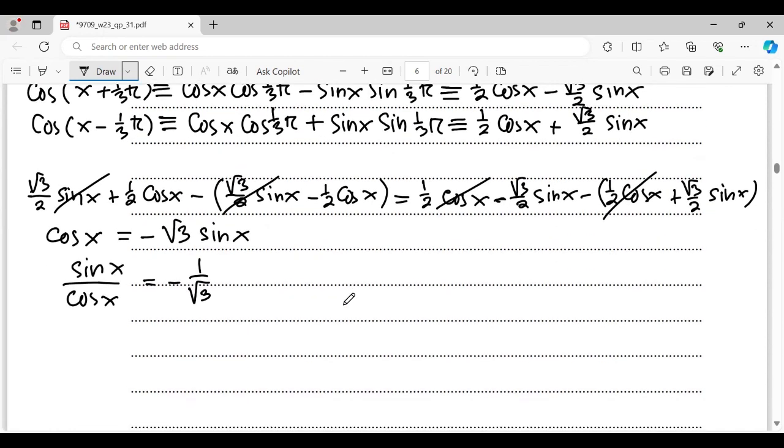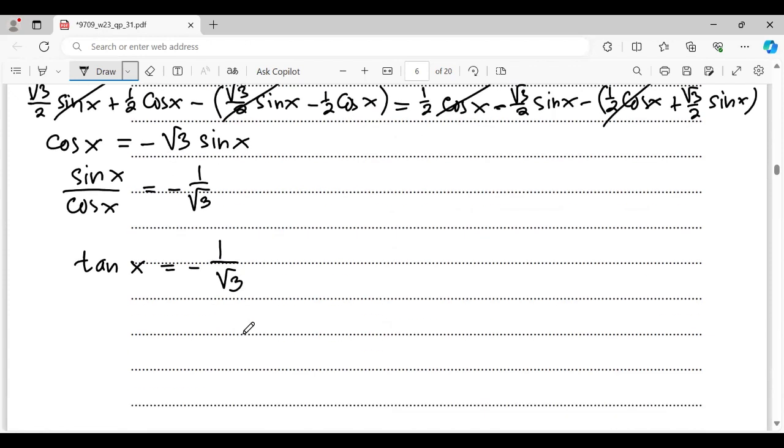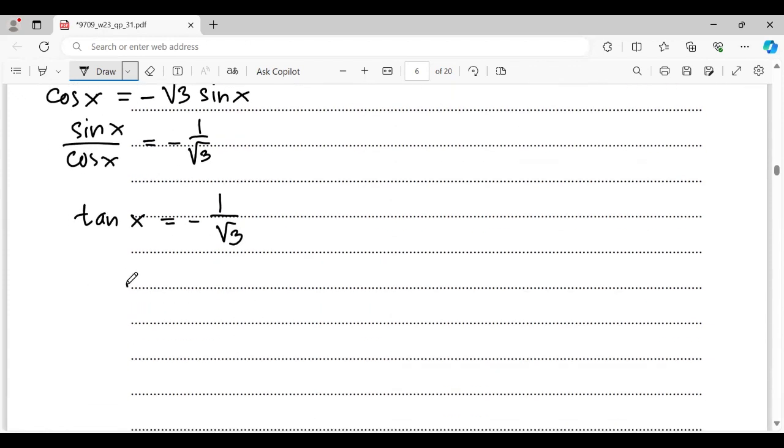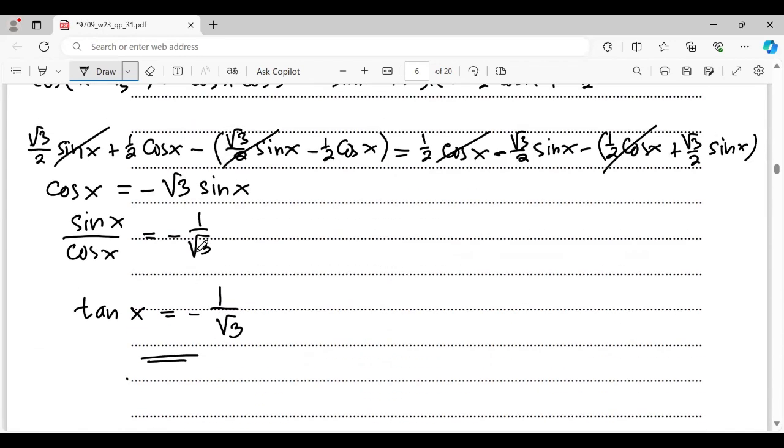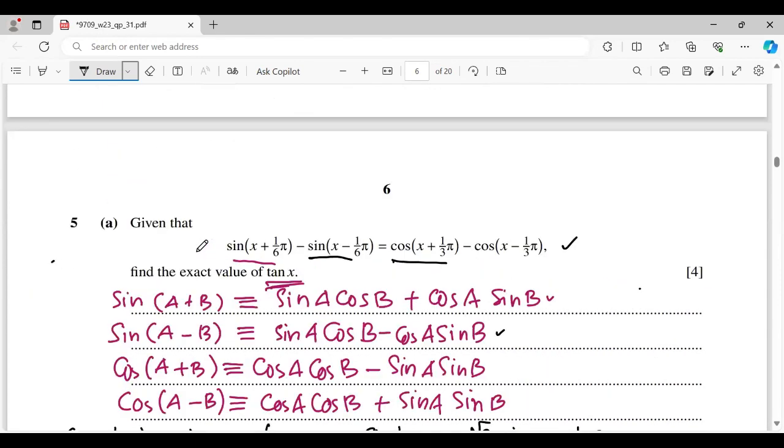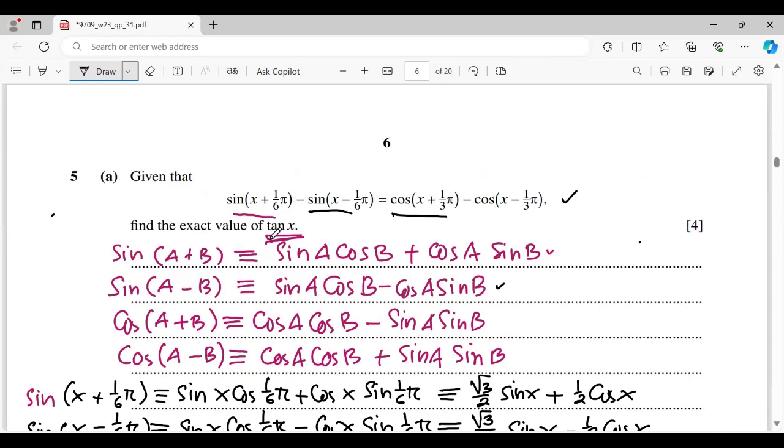So it means tangent x equals minus 1 over square root 3. So yeah, based on this question, we have to determine tangent x.